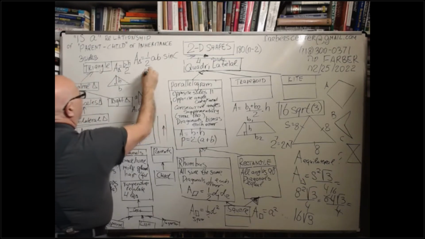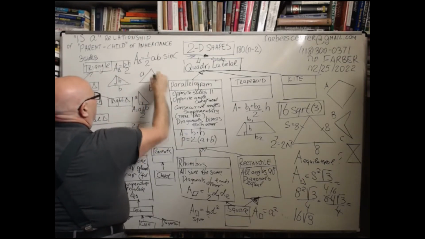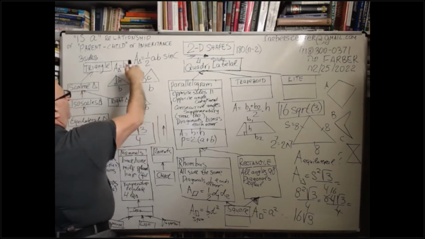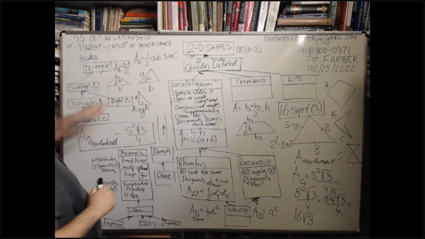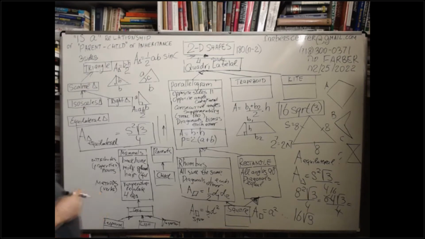Look at this. This is A, this is B, and this is angle C. If you have all these 3 parameters, you can easily get this area, and it's applicable for all kinds of triangles.